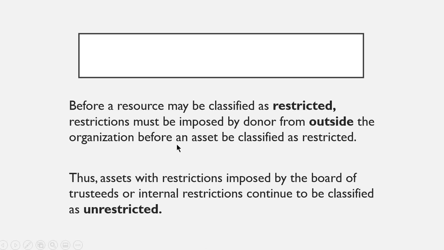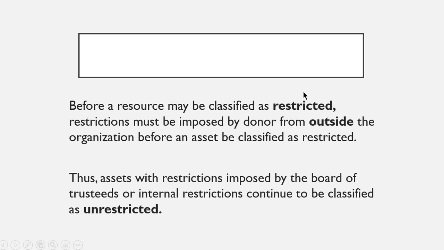Thus, assets with restrictions imposed by the Board of Trustees or internal restrictions continue to be classified as unrestricted.